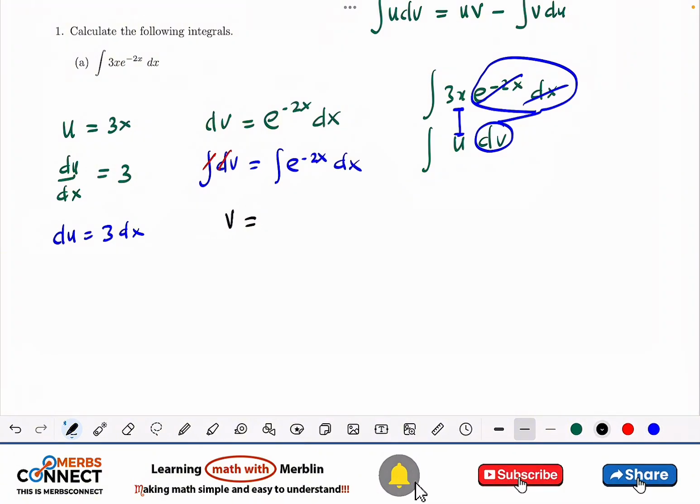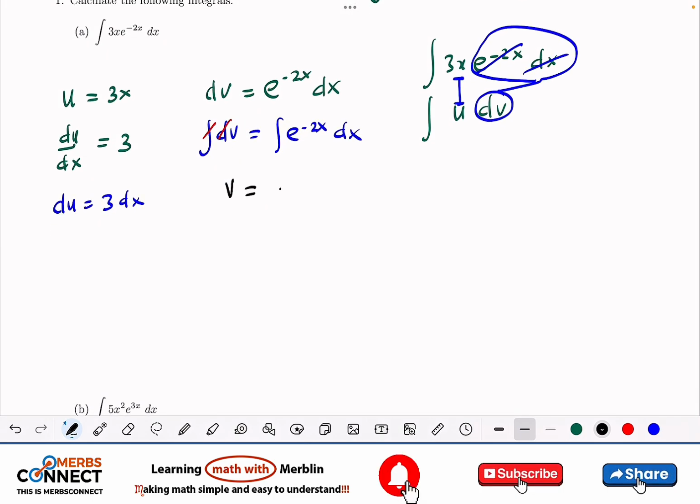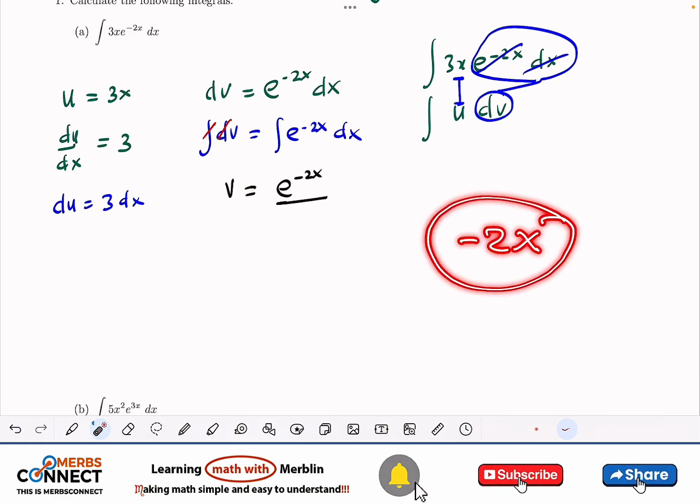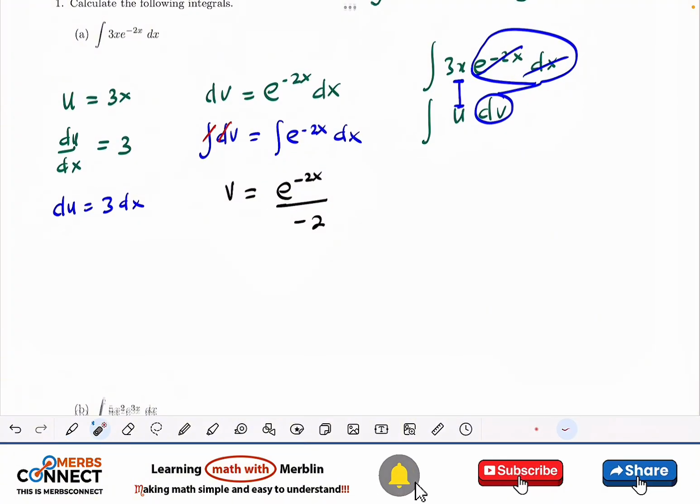Now, how do we take the integral of an exponential function? We maintain the exponential function divided by the derivative of the power here, which is negative 2x. When I differentiate negative 2x, I get negative 2. So I'm going to divide it by negative 2. I'm not adding a constant to it because I'm not done yet.